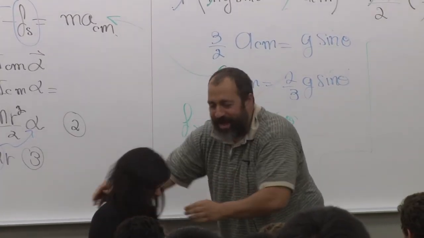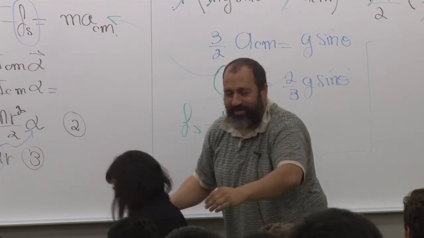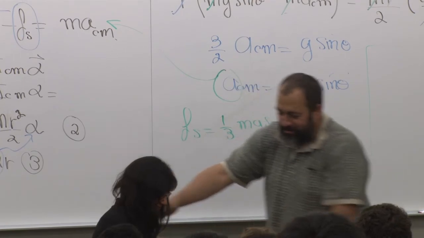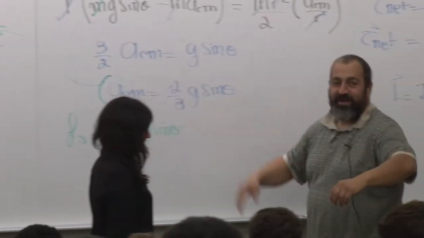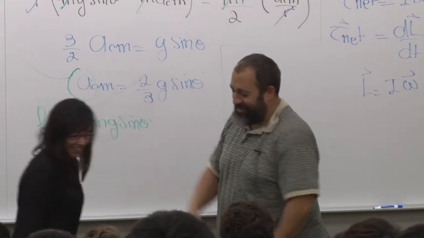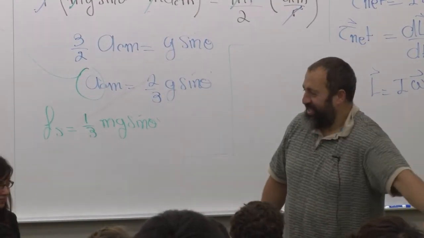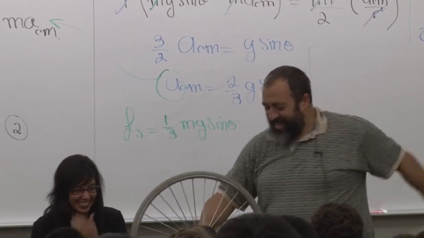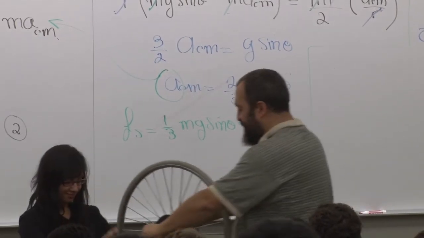Now I'm going to spin her back. It actually works. Oh, just hang in there. Okay, get up, let me see. You're doing good? Sit down again. Hold this, please.